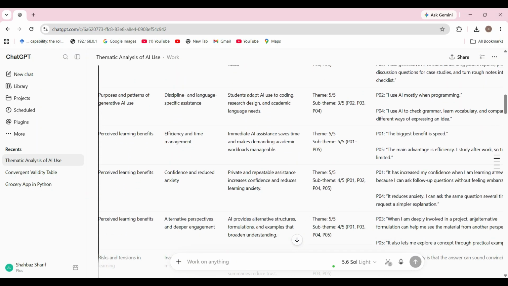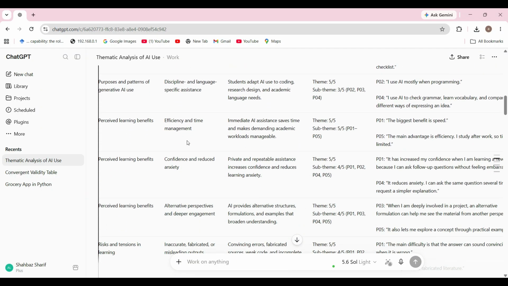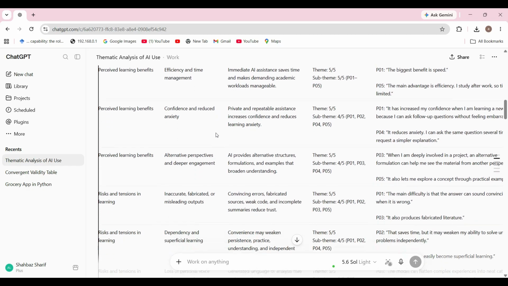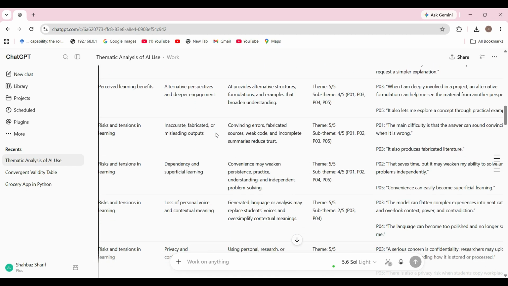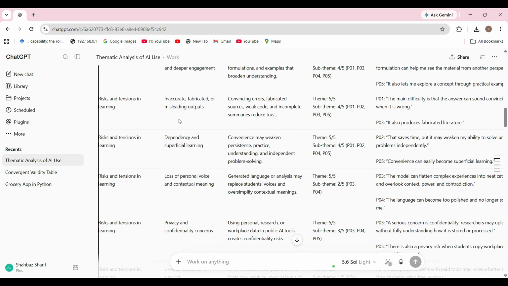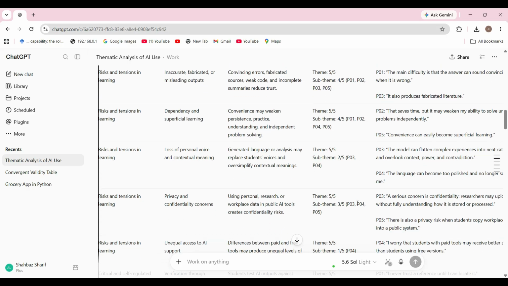So what is our second main theme? This is our second main theme, perceived learning benefits. This main theme also has 3 sub-themes. Then we move to the third main theme, risks and tensions in learning. This main theme has 4 sub-themes, with description, frequency, and their related quotations.